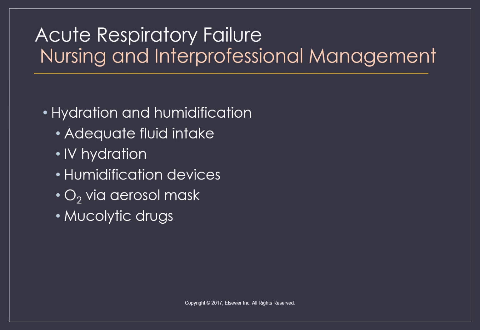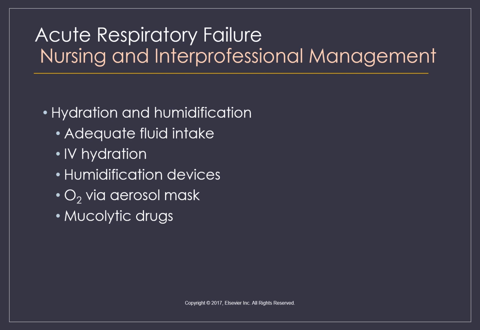So we want to make sure they're getting adequate fluid intake, keeping in mind, patients with heart failure, it's going to be a risks versus benefits thing. Ideally, with adequate fluid intake, it's going to thin out those secretions and make them easier to remove. IV fluids as well, so PO, IV, humidification, using a mask, those are going to be less drying out than a nasal cannula would be.